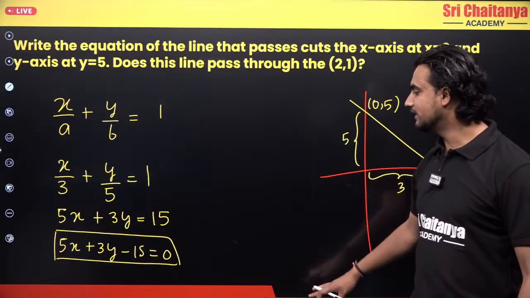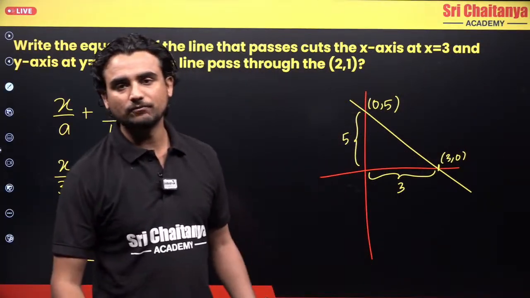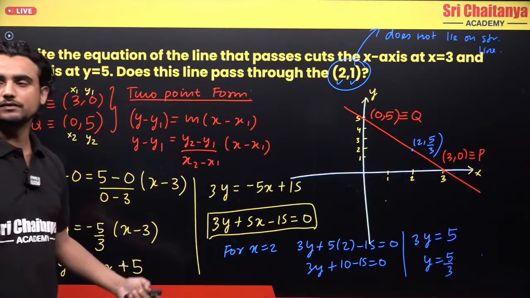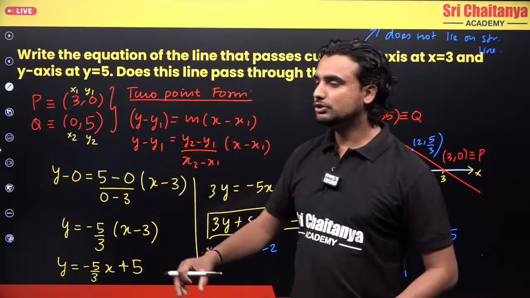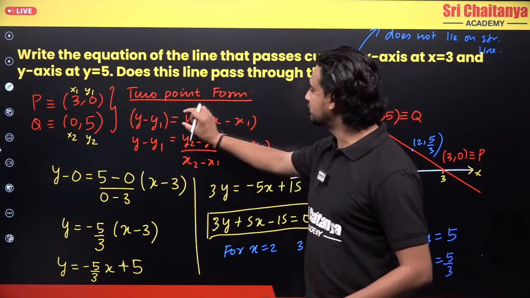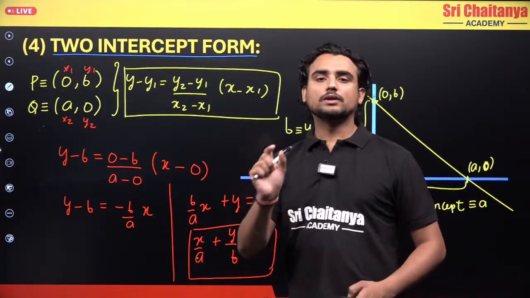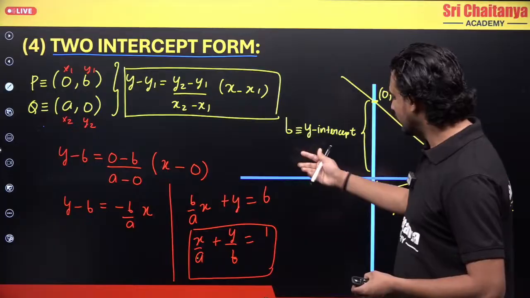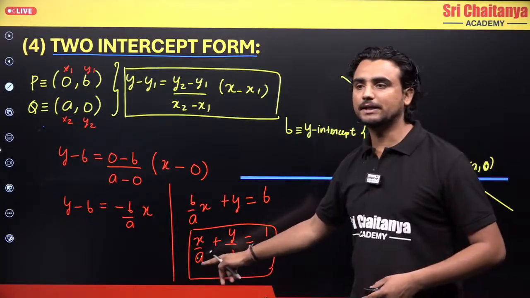The only difference is that here we are using the 2 intercept form, there we were using the 2-point form. So it doesn't make a difference which type of equation you are using. The only thing is that you should be able to correctly substitute the values. Whatever formula you are using, when you give the input, here the input is given as intercepts, that is the a intercept and the b intercept.